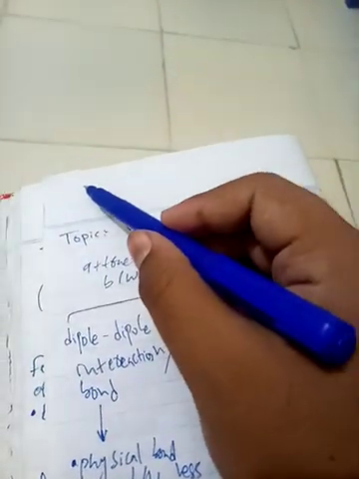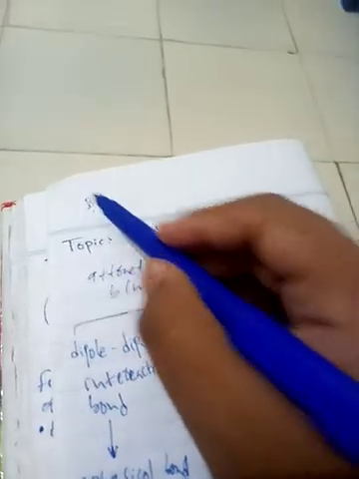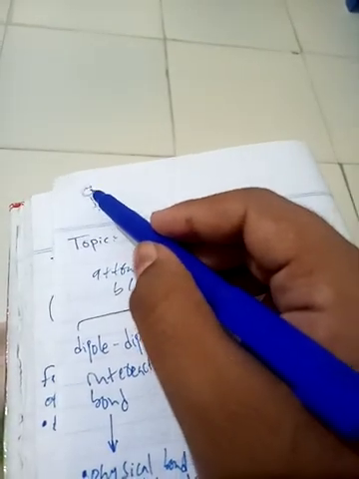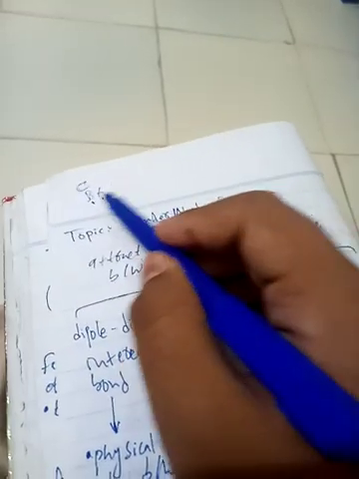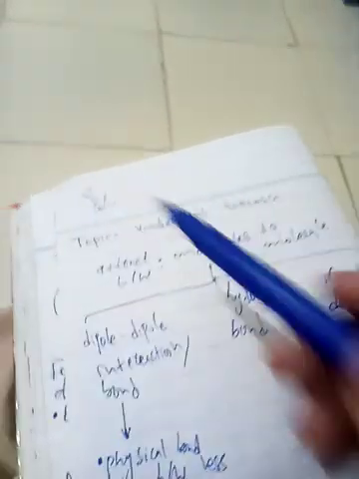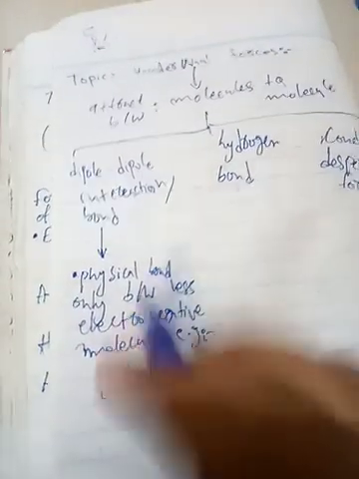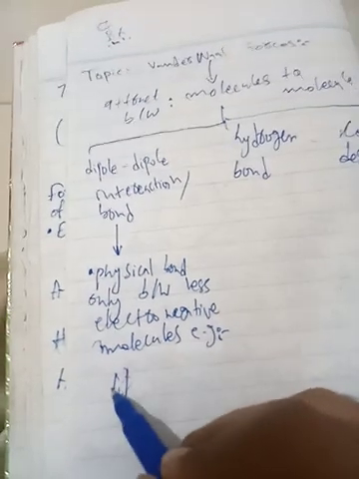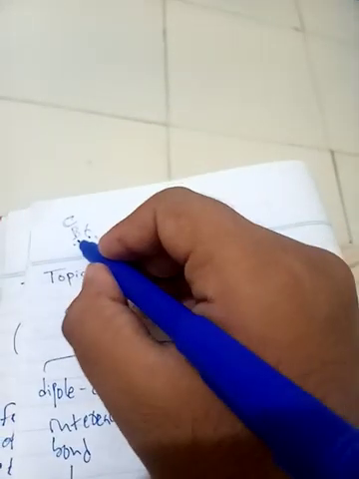First of all, let's look at what are less electronegative elements, like carbon, bromine, iodine, sulfur, and others.